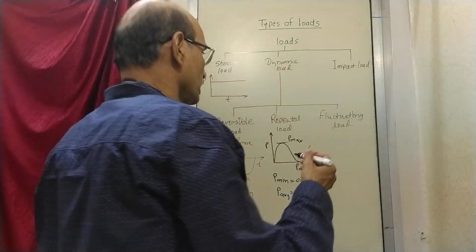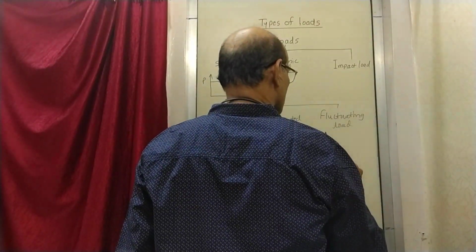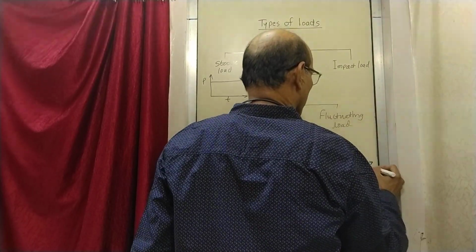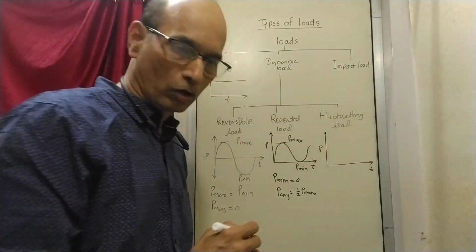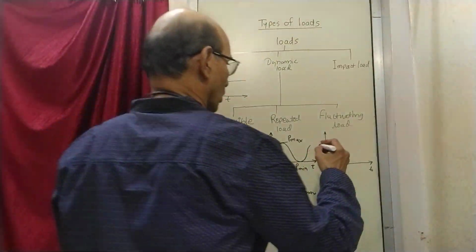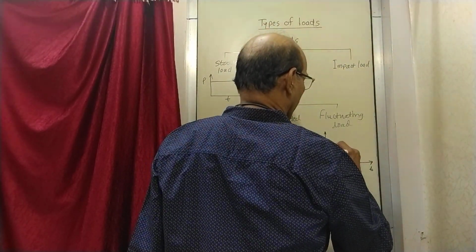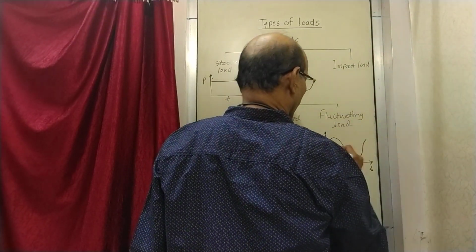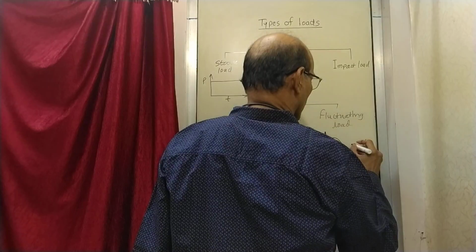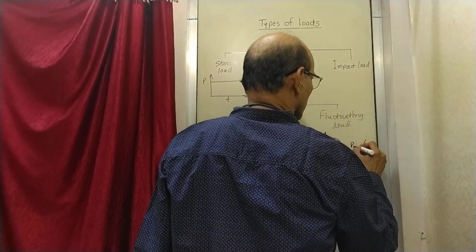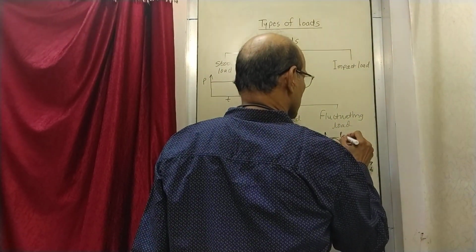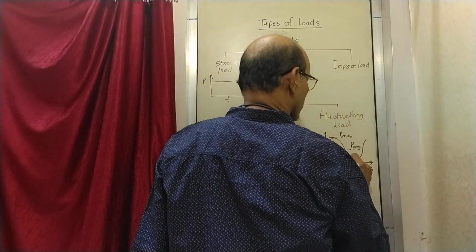Then comes the fluctuating load. Now fluctuating load is on one side all the time. So this is P average, this is P maximum, and this is P minimum.